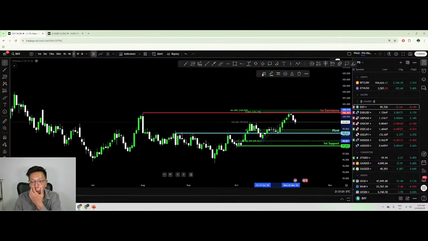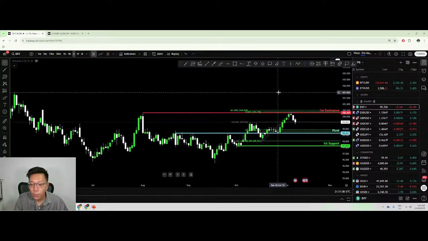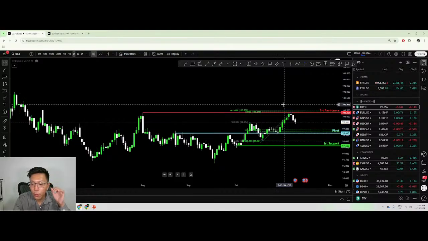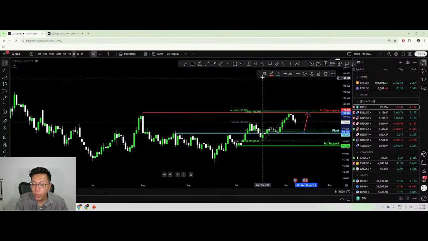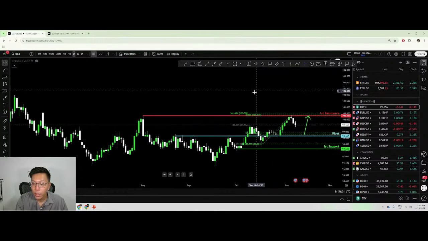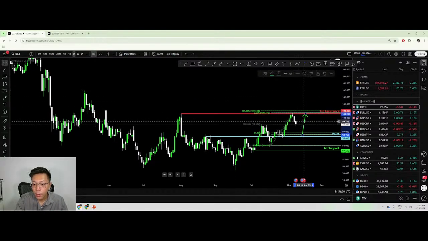So we have the 61.8% Fibo retracement together with the 100% Fibo projection level at our pivot point. This gives us bullish confirmation for us to take reference from for the other pairs. So this is the outlook for DXY.